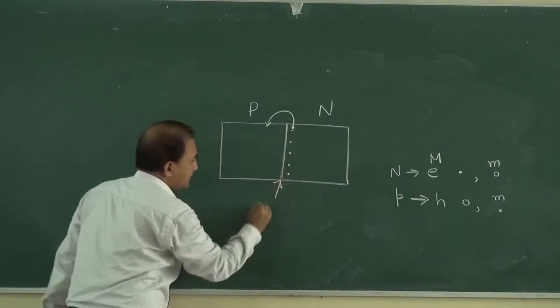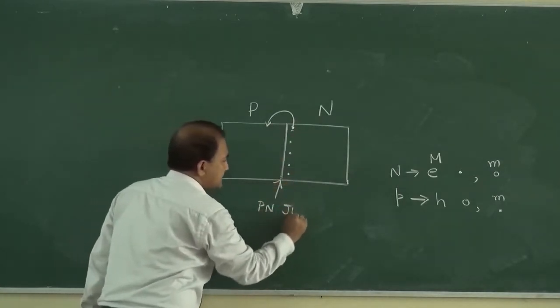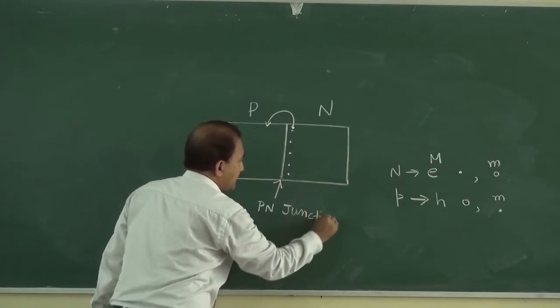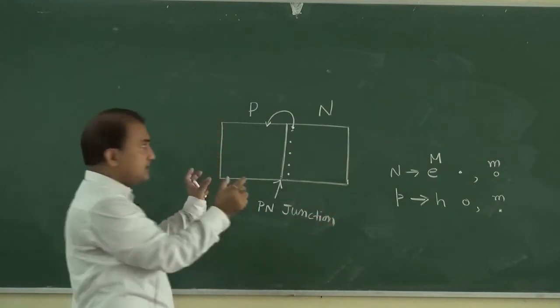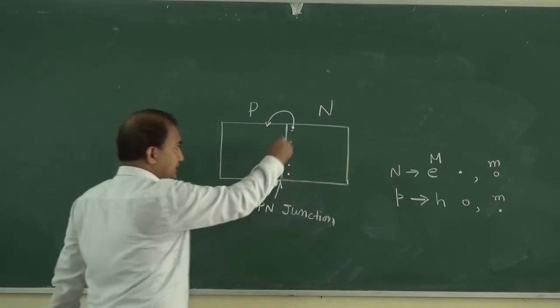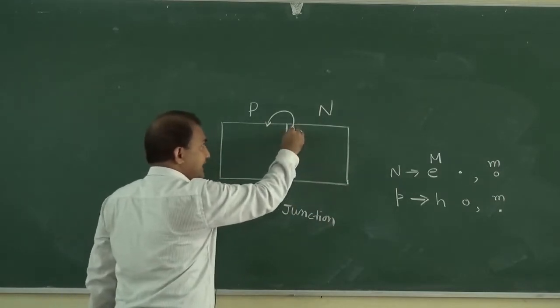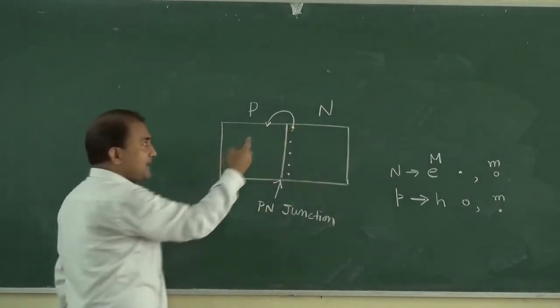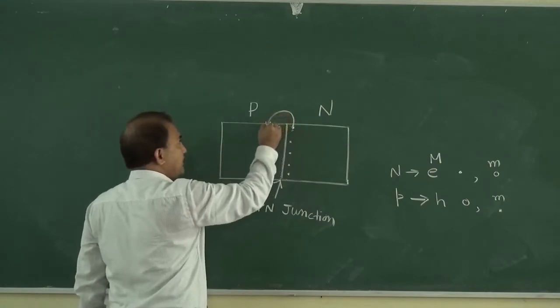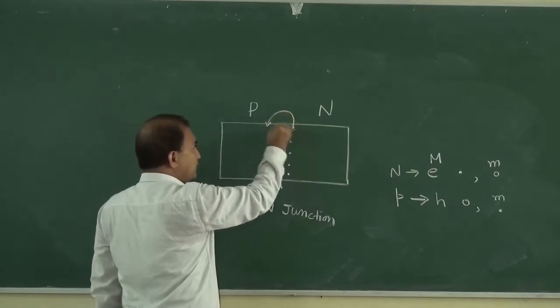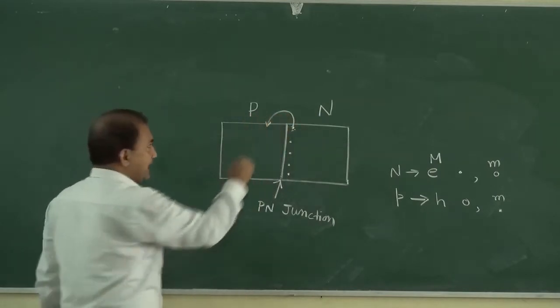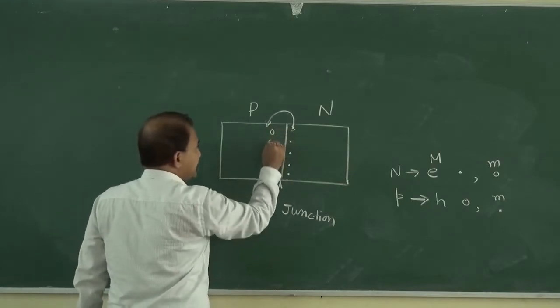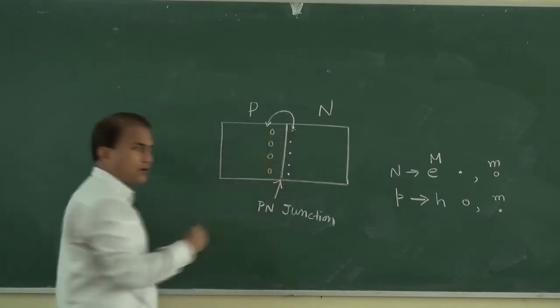This is the PN junction. After combining these two semiconductors, the electrons, which are the majority carriers in n-type, try to diffuse from n side to p side, and here the majority carriers are holes.